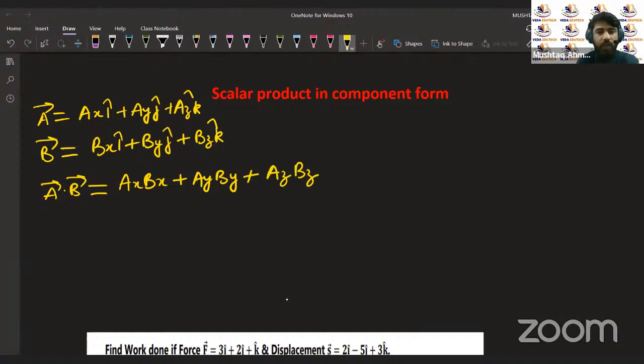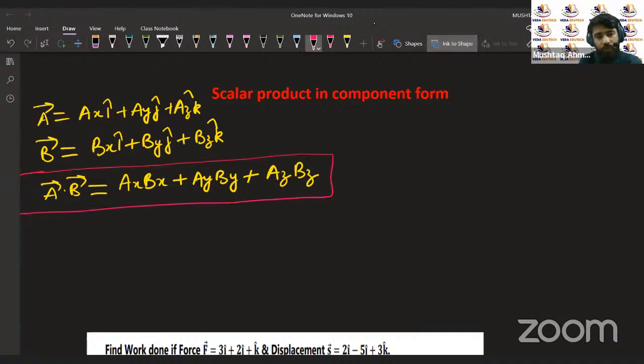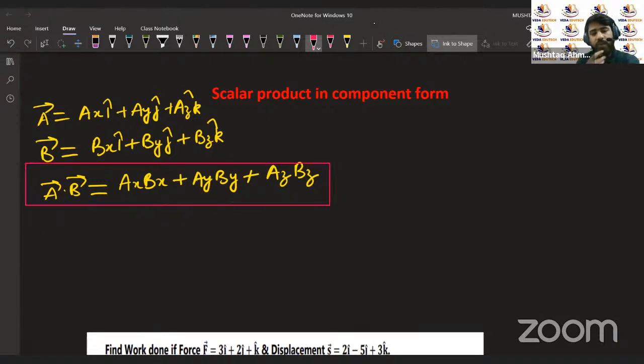So this is how we calculate the dot product if the two vectors are given in rectangular form or the component form.